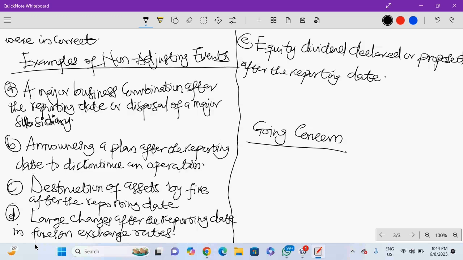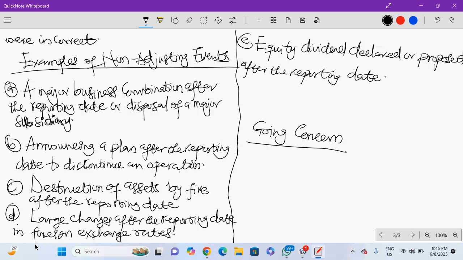Going concern is that we are anticipating that the business will continue to operate for the foreseeable future. So let's say just after we prepare our 31st December financial statement, the business decides to cease to operate.